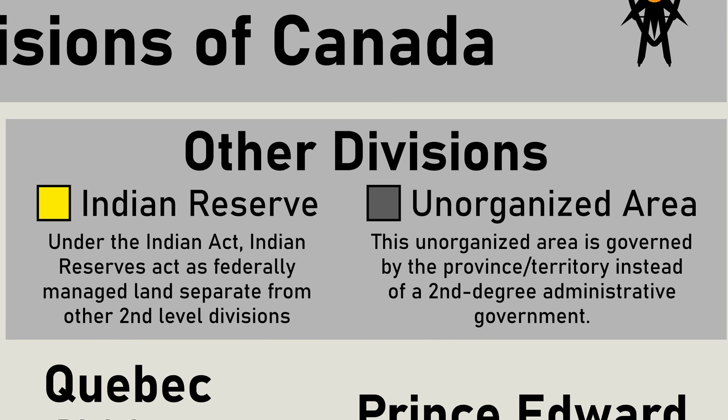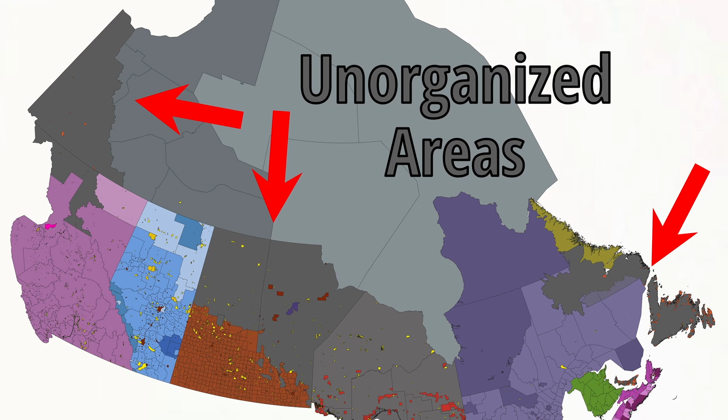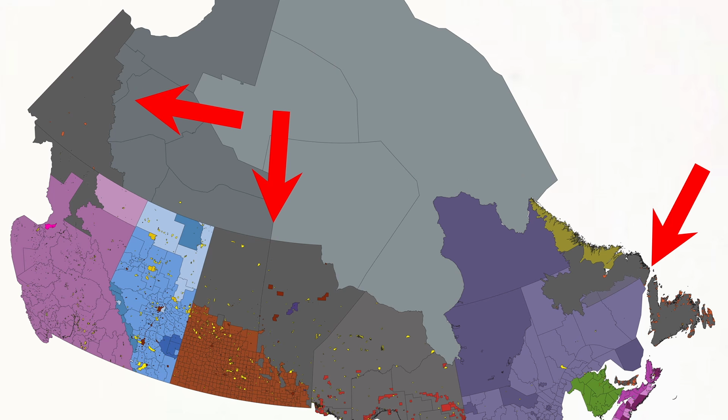We also have unorganized areas. These unorganized areas are places where the second level doesn't exist at all. And this is mostly because they are not populated enough to where local government could exist and function properly. Because of this, they are governed directly by the province or territory instead.